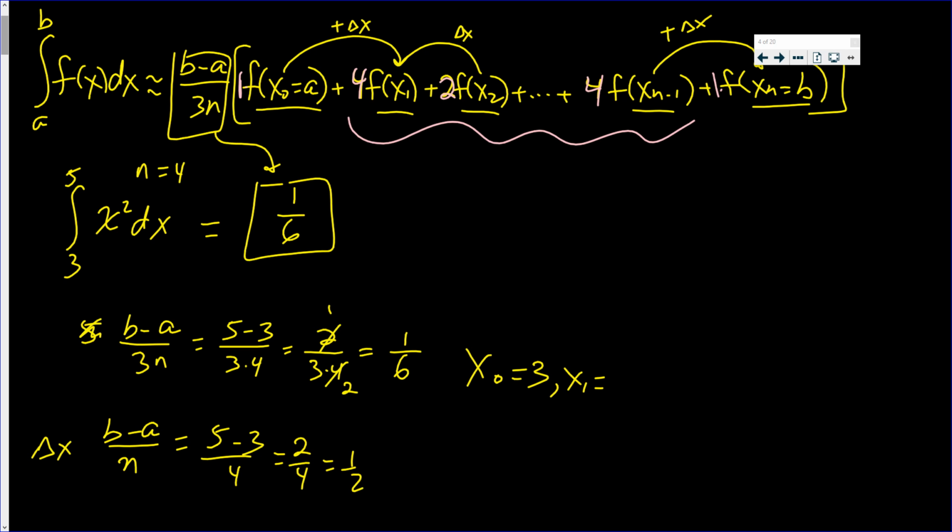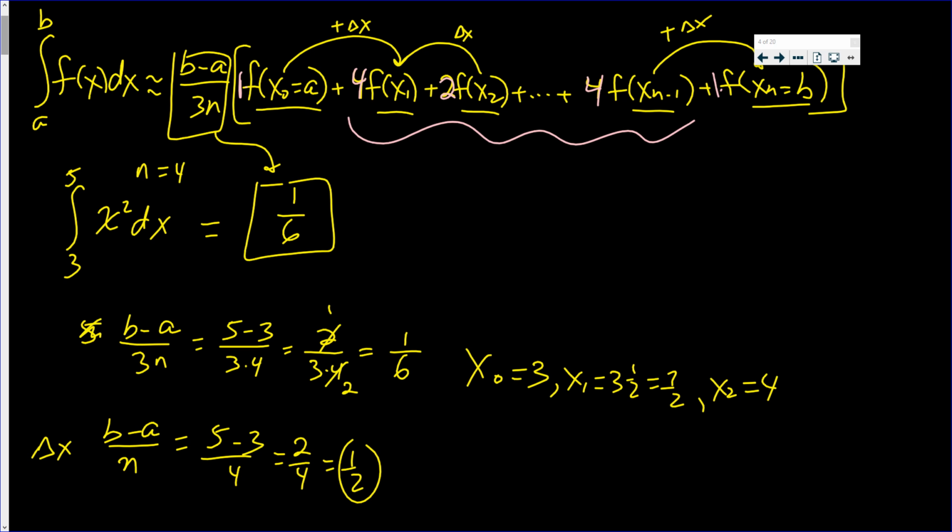For x1, I add a half. It's 3.5 or 7/2. x2 is going to be 4. 3.5 plus a half is 4. And the next x, well, 4 plus a half is 4.5 or 9/2. And then the next one, you add a half to 4.5 and you get 5, which is b. So that's where we stop.